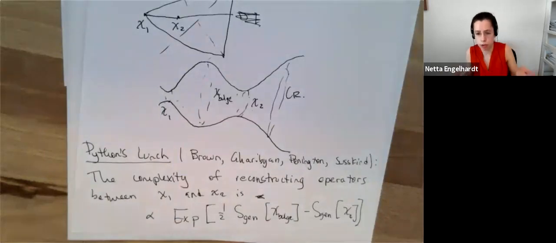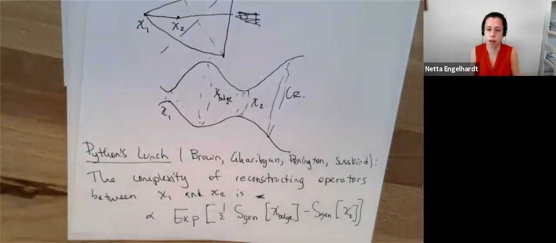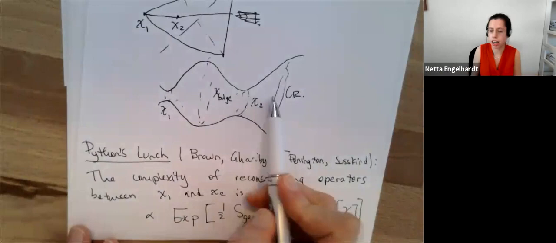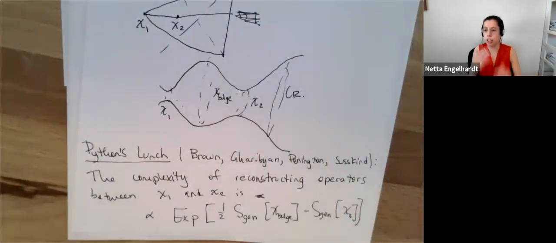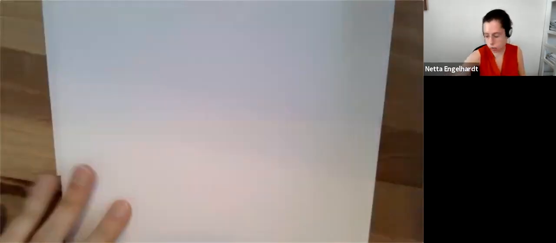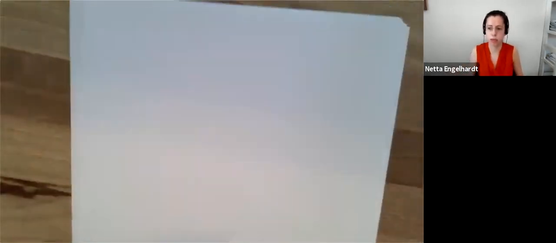So this proposal is sufficient. It tells you that some operators are exponentially complex, but it doesn't tell you that the operators between chi2 and the causal surface are not exponentially complex. So you might say, actually, I should be fine. And so for that, you need the so-called strong Python's lunch proposal.